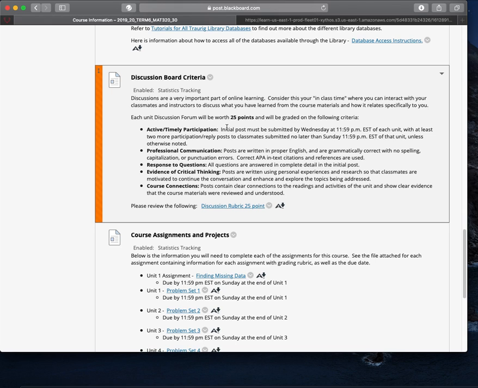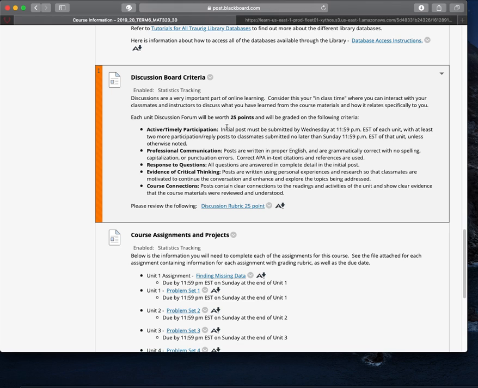The professional communication one is: is your response written in proper English, free of any grammatical or spelling mistakes? Did you use APA formatting for in-text citations, and did you reference whatever pieces you used from an article, a book, a magazine, that type of thing?